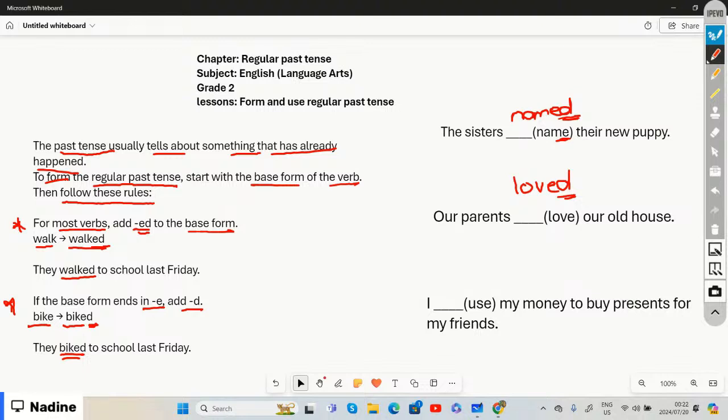And if we were to change that word, we can say, I used my money to buy presents for my friends, which means that we just added a D because our base word ended with an E.